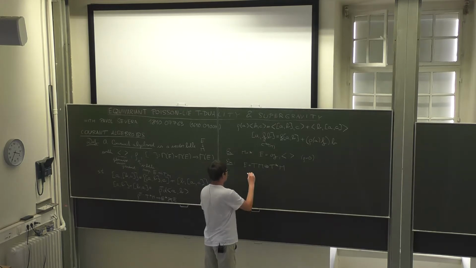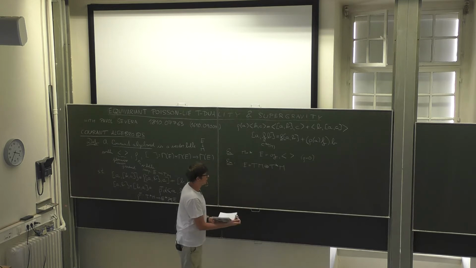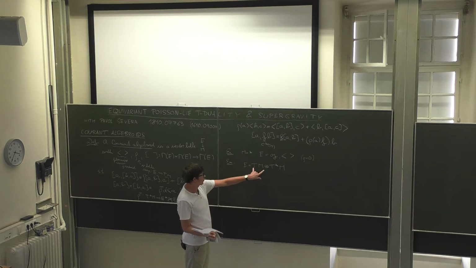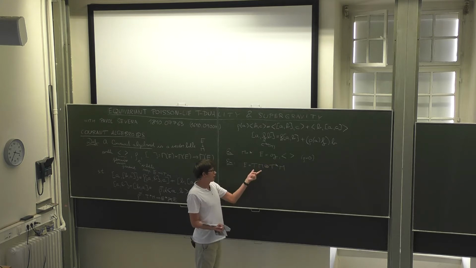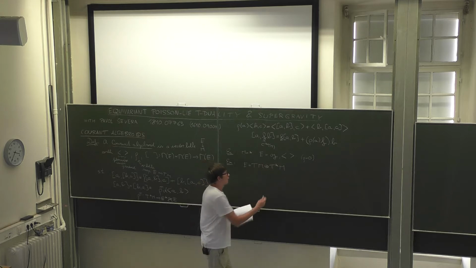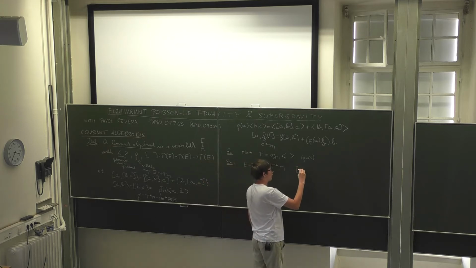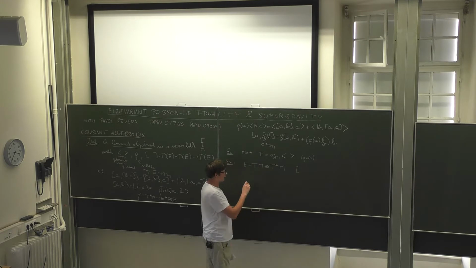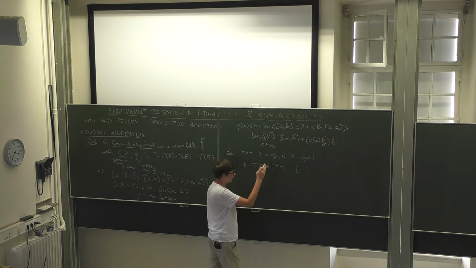Okay, so the anchor here will be just the obvious projection to the TM part. The pairing will be just the usual pairing of vectors and covectors, but the bracket is more interesting. If I want to take a section, then a section of E is a sum of a vector field and a one-form.